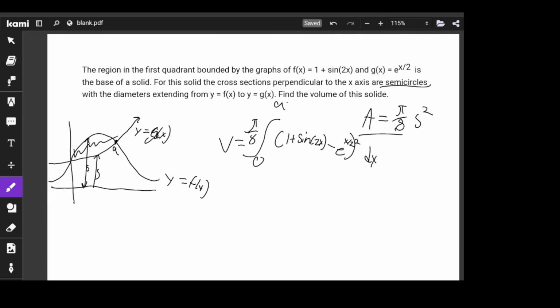After finding the point of intersection and plugging into the calculator, our answer will be 0.078.